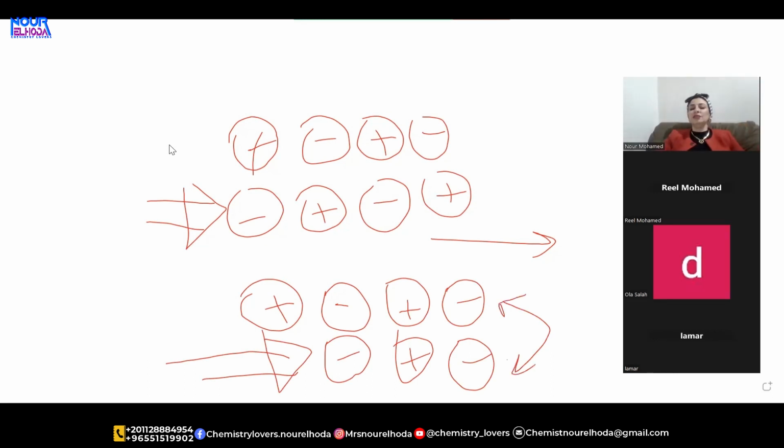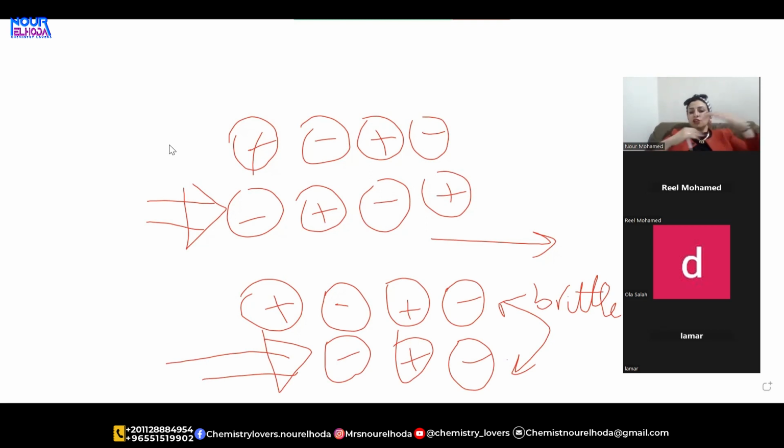So in this case, they are going to repel. If you check here, in the first case, there is an attraction force between the ions. But in the second case, the ions are of the same charge, so they are going to repel each other. That's why we say ionic compounds are brittle. Why brittle?